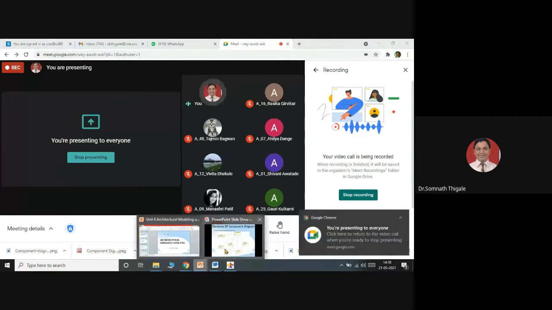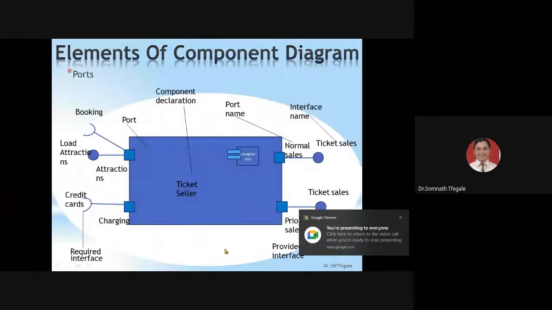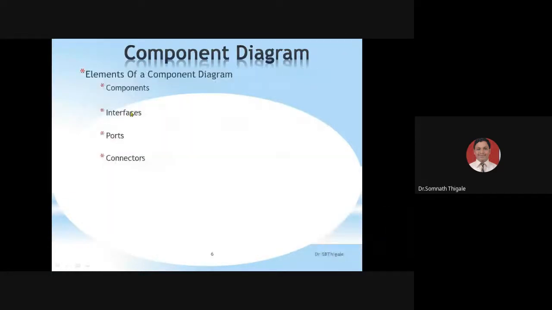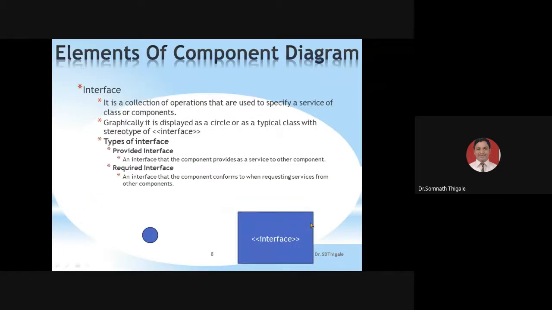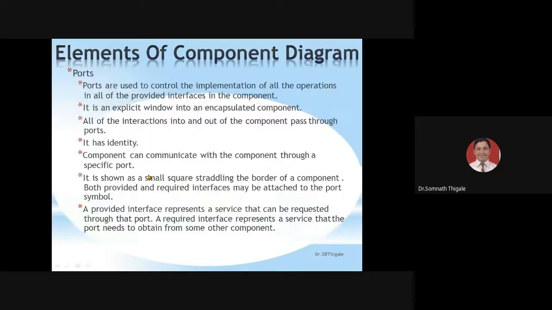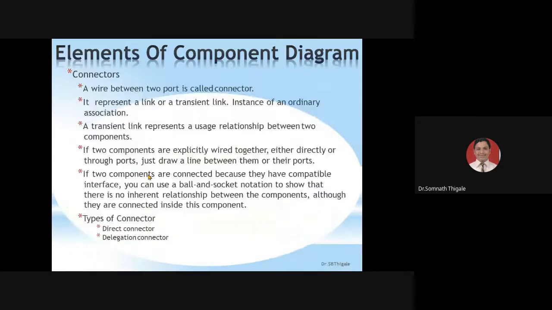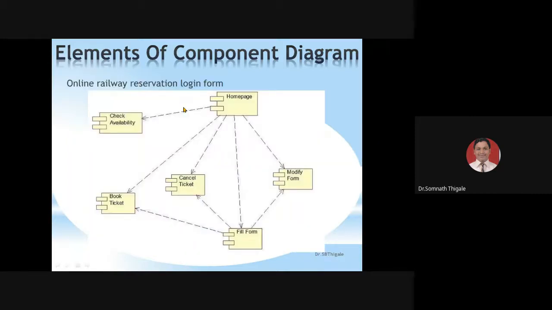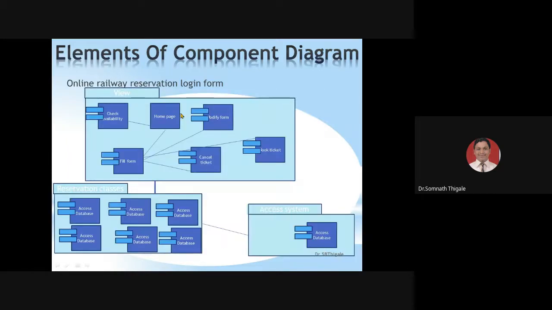Whatever part we have discussed so far. To draw the component diagram, we must be aware of these 4 parts: components, interfaces, ports and connectors. We have discussed what is a component, what is an interface, provided interface, required interface. Then we discussed ports, the different connectors, and then we did an example of the railway reservation system, and we did one more diagram online.